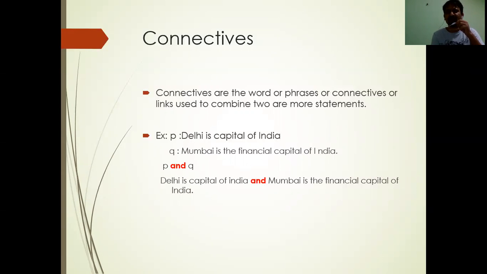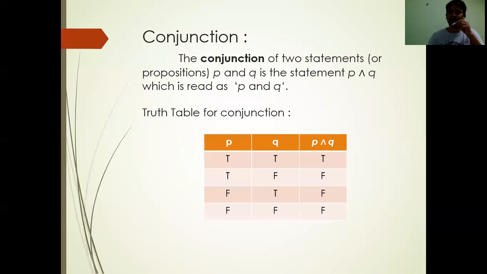Like that, there are some more words or phrases to combine two statements, right? So one by one we'll discuss what it is if I use and, what it is if I use or, what it is if I use implies, what it is if I use bi-implies. Let's start with conjunction. Conjunction is a conjunction of two statements P and Q. P and Q are any two statements.